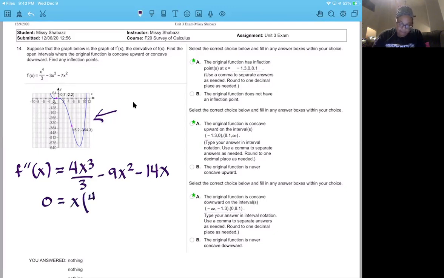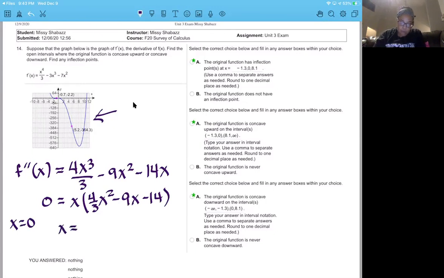So I get x times (4/3 x squared minus 9x minus 14). All right, so possible points of inflection are x equals 0. And then to find the others, I'm going to have to use the quadratic formula.